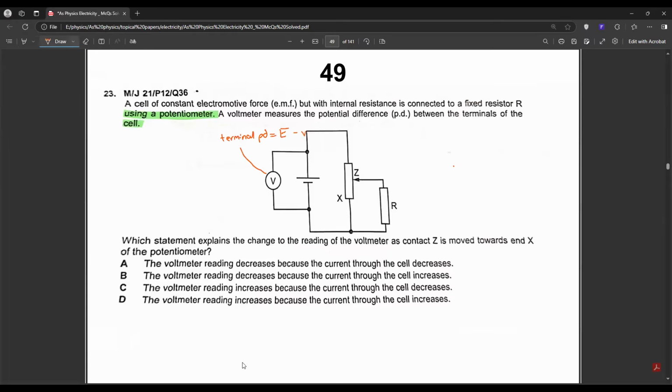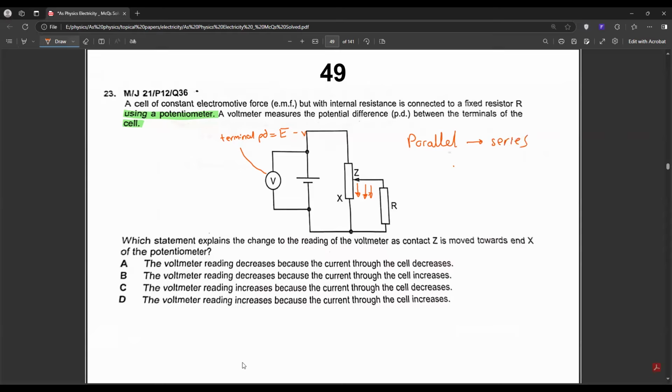As contact Z is moved towards end X of the potentiometer, what is happening? Can you realize that if you are moving contact Z towards point X, you are shifting more and more from a parallel combination towards a series combination?